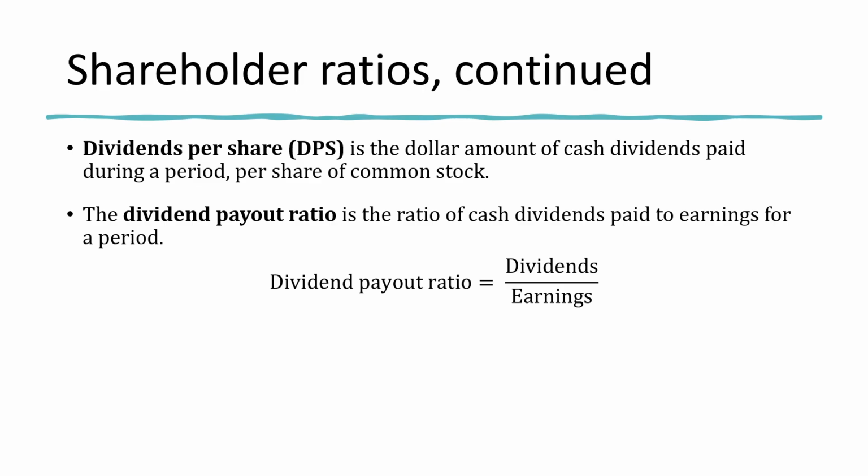So earnings would be net income or net profit, and then the dividends would be the cash dividends for the year. And this says what proportion has been paid out. You can also look at the complement of that, which is how much is retained in the company. That would be the retention ratio. So this is the dividend payout ratio. It's the proportion of earnings that are paid out to shareholders.